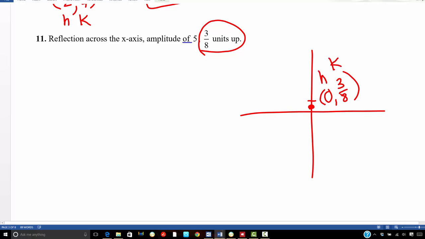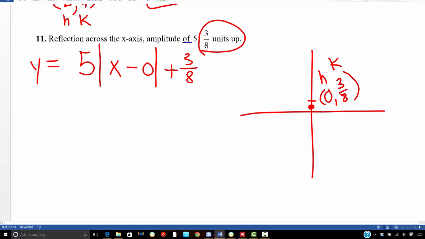They tell us the amplitude is 5. And they also tell us it's being reflected across the x-axis. So if something's reflected across the x-axis, that's what it originally looks like.